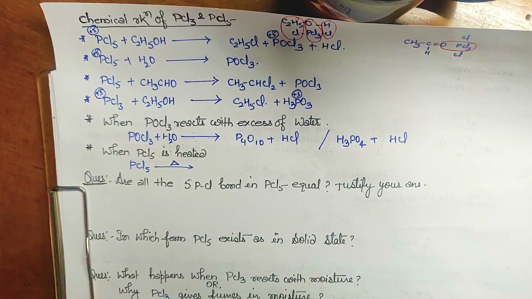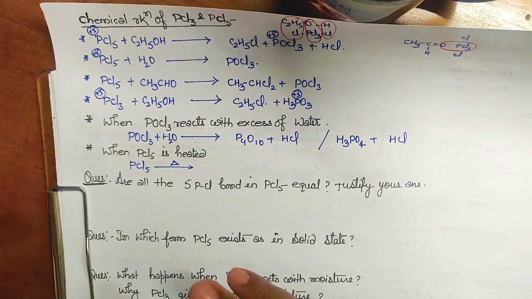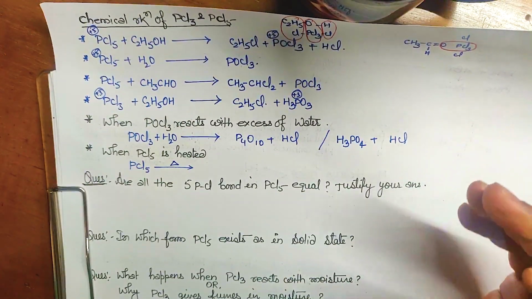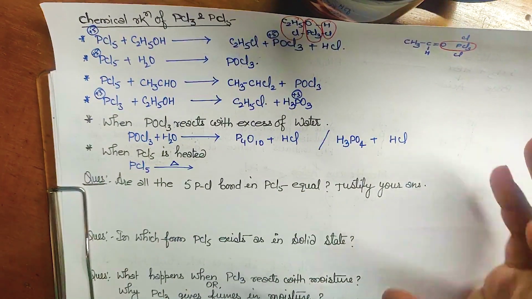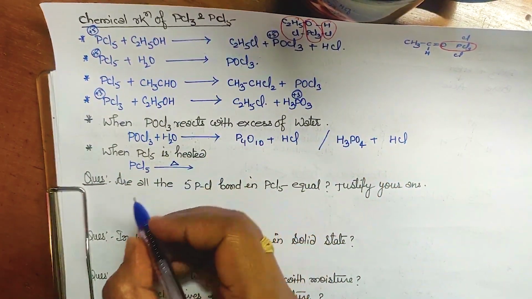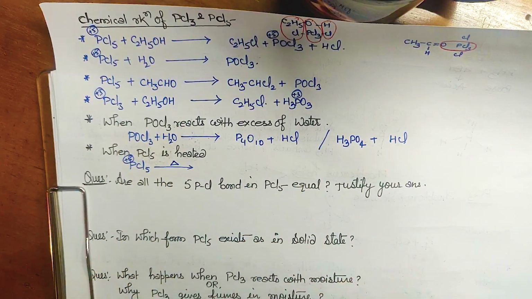Now what will happen if PCl5 is heated? If we are heating PCl5, then what will form? On heating, we know from class 10th that there will be a dissociation reaction, isn't it? It will dissociate, it decomposes. Here it is +5 and this will decompose. Here both act as reductant.